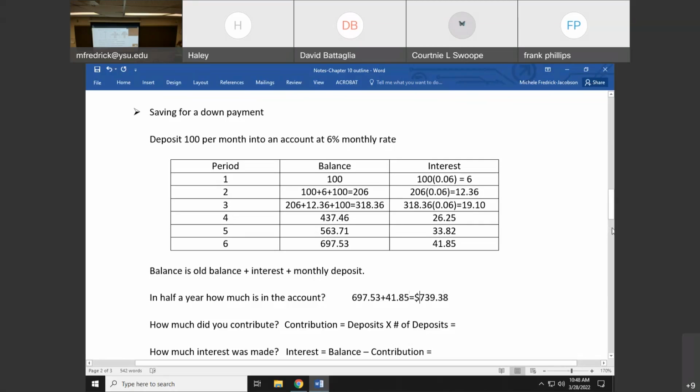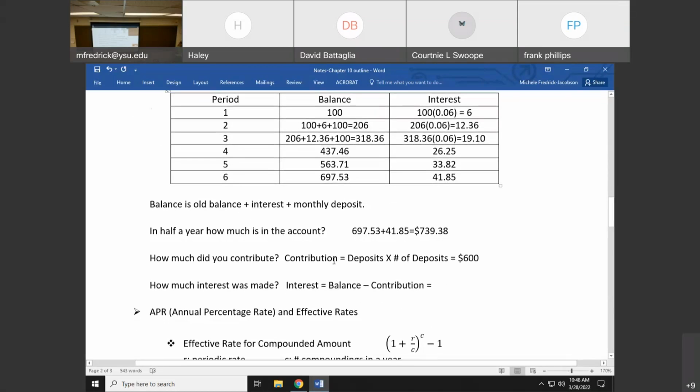How much did the person contribute? 600, yeah. Because they put $100 each time. So 100 here, 1, 2, 3, 4, 5, 6, $600. $100 a month for 6 months. How much interest was made? $39.55.